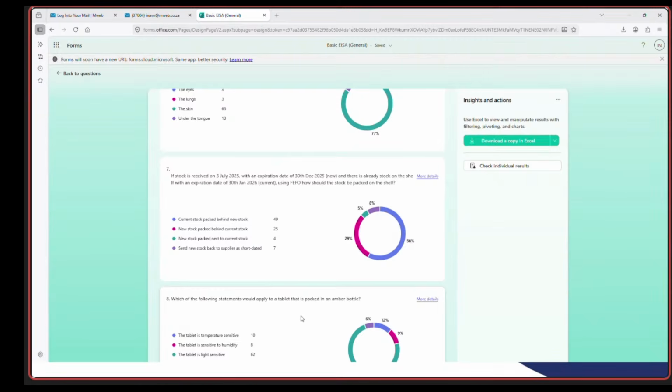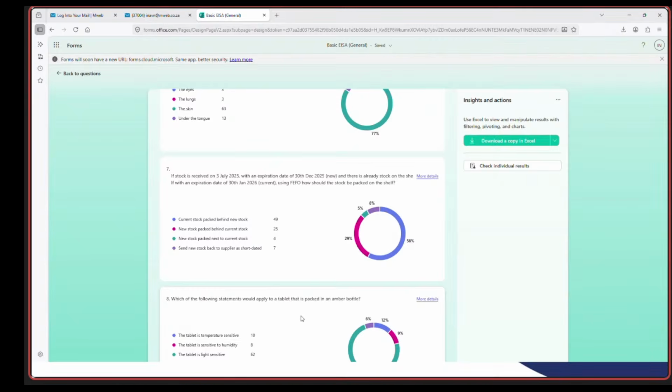So you receive it in July, it expires in December, and there is already stock on your shelf that expires January the next year, and then they say you must use FIFO and show how this stock is packed on the shelf. So read your question. What do they want to know? They want to know how it's packed.